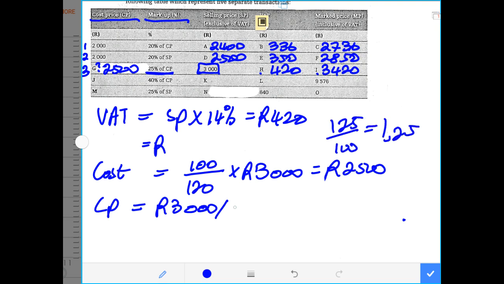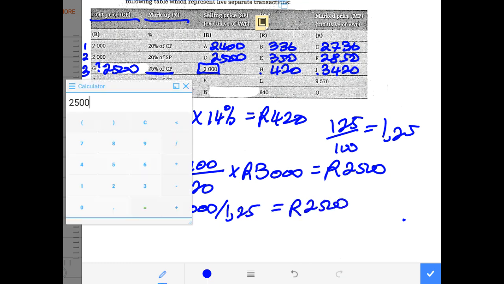So if we just remove that, selling price divided by 1.25 will give us the original cost price, surely 2,500. Let us check that. 3,000 of the selling price divided by 1.25. Yes, it gives us a different amount, 2,400.